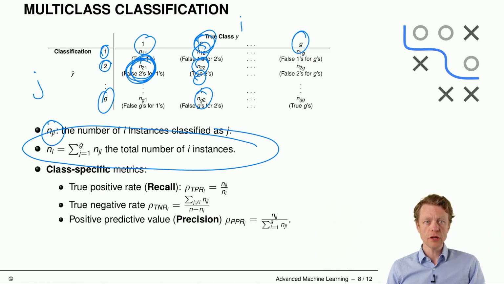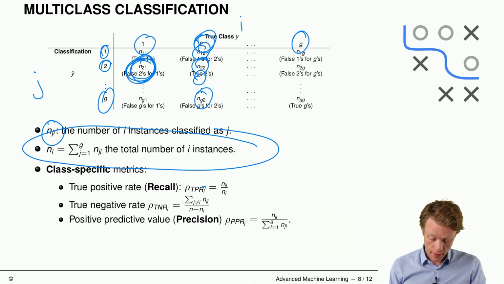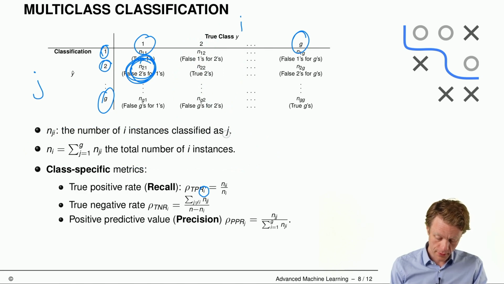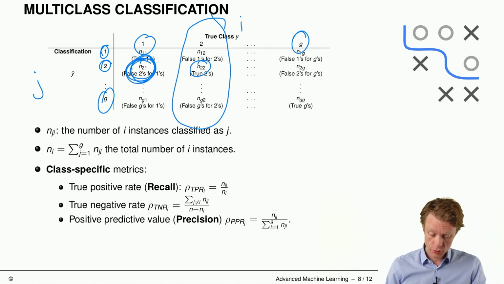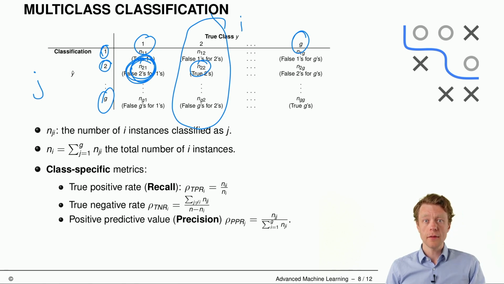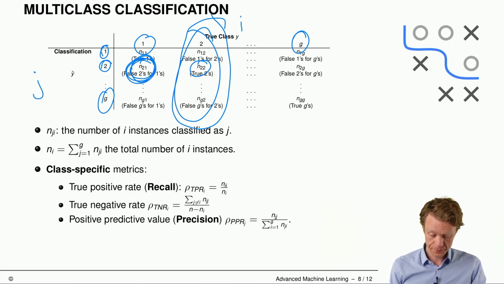For example, the recall for class I. Let's say we look at this class here, we want to have the recall of that class, so that's n22 divided by the total number in that column, so n22 divided by n2, the sum of everything here. We can do the same thing for all columns, of course.